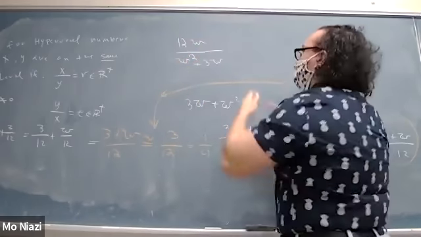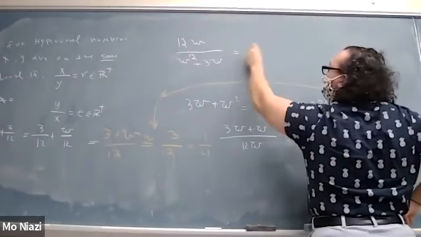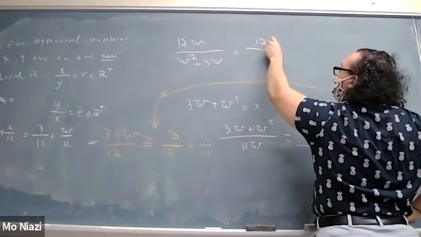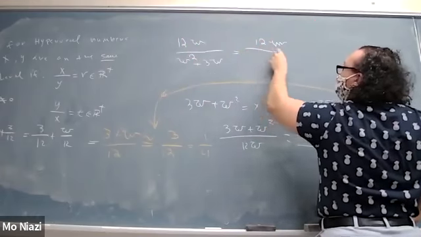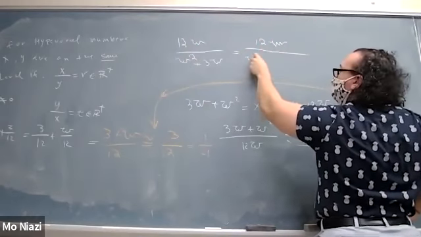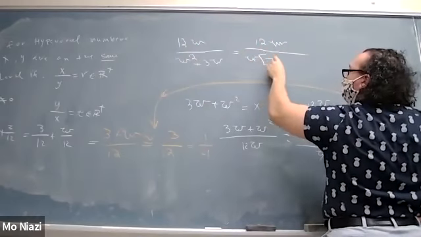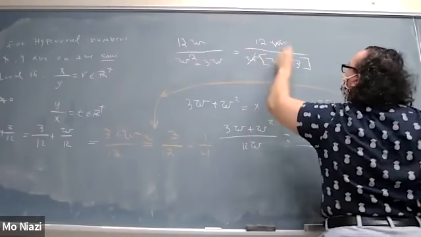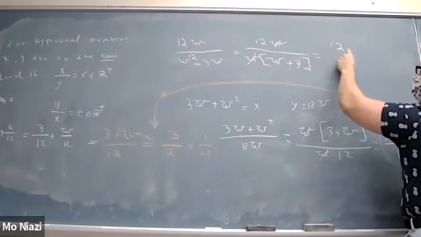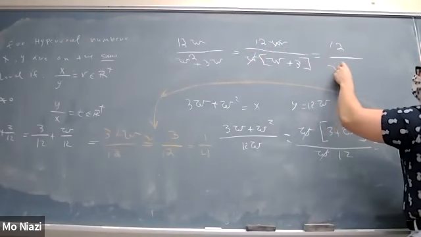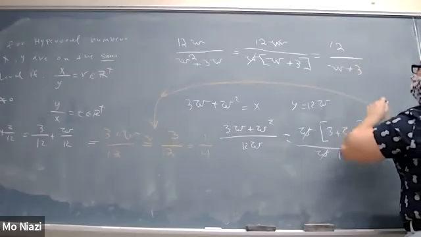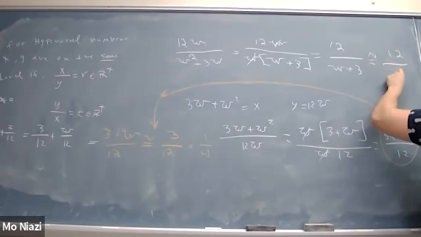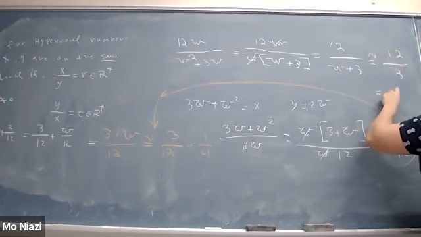Notice again, the omegas can cancel through factoring, because over here we can factor out an omega, and we still get omega plus 3. This ends up as 12 over omega plus 3, which by approximation is 12 over 3, which equals 4.